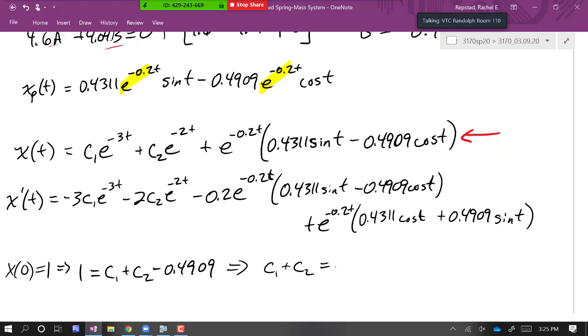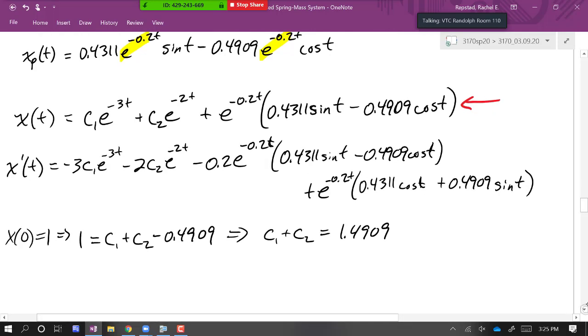Isn't it plus? Oh, yes, thank you. It's plus. Yep. Oh, I don't need a calculator for that. 1.4909. There we go.